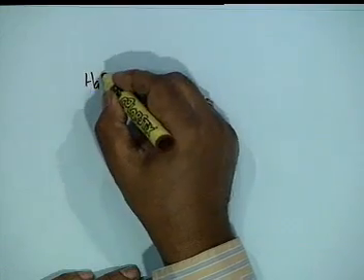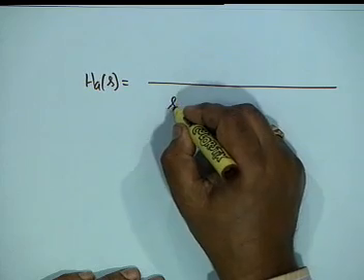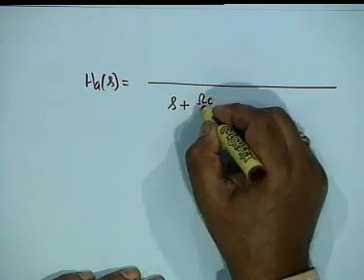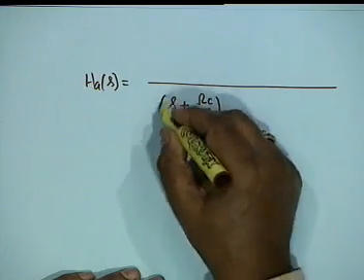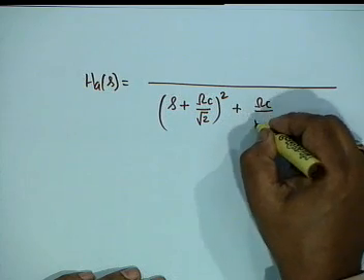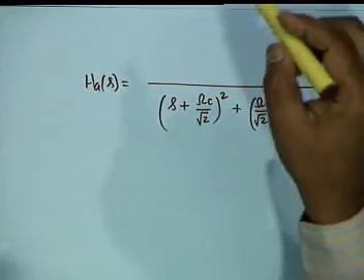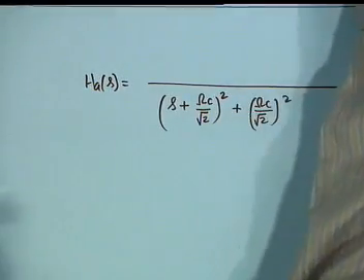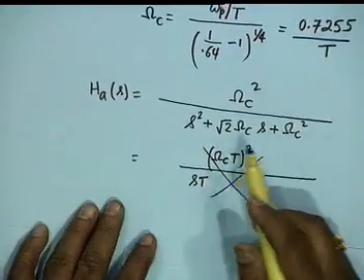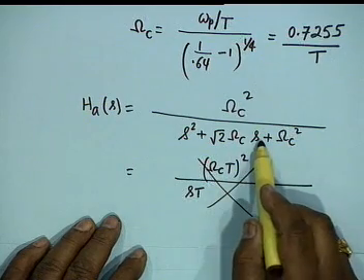Okay. So our next step would be h a of s. We write, first we look at the denominator. Obviously this is s plus omega c divided by root 2 whole squared plus omega c divided by root 2. This is by observation, omega c square, because the coefficient of s is root 2 omega c, therefore it is 2 omega c divided by root 2 multiplied by s.